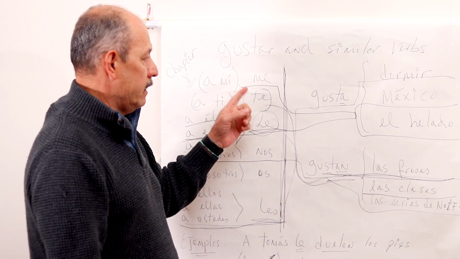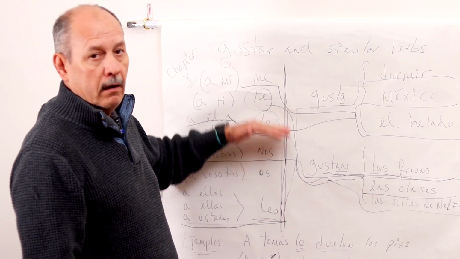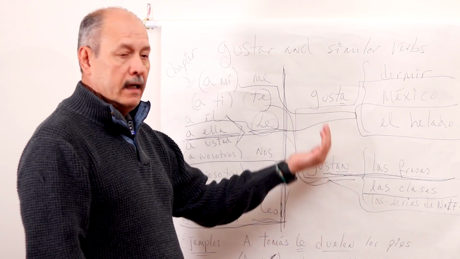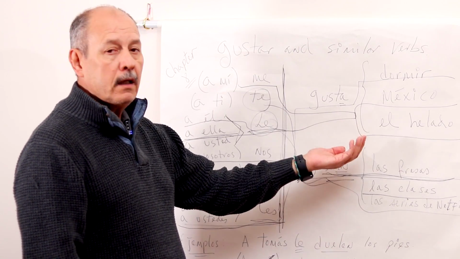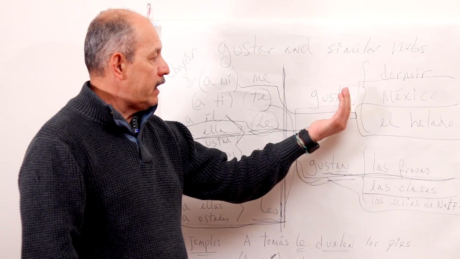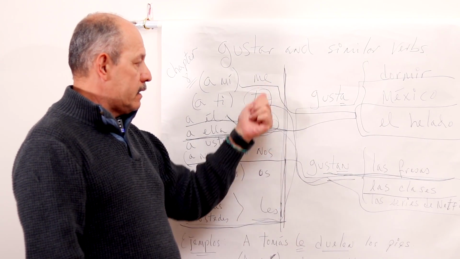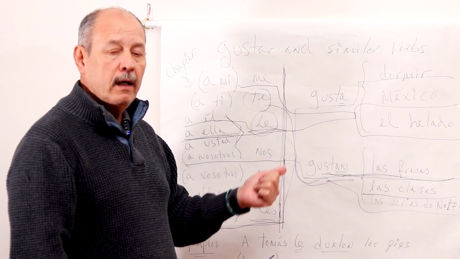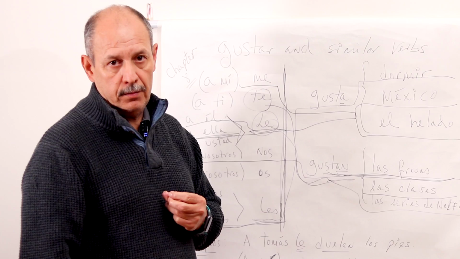The only thing that this sentence has is an indirect object that is being pleased by, in the case of verbo gustar, or hurts by, right? Whatever verb you are using, that thing is impacting this indirect object here. That's why you cannot do double substitution here.